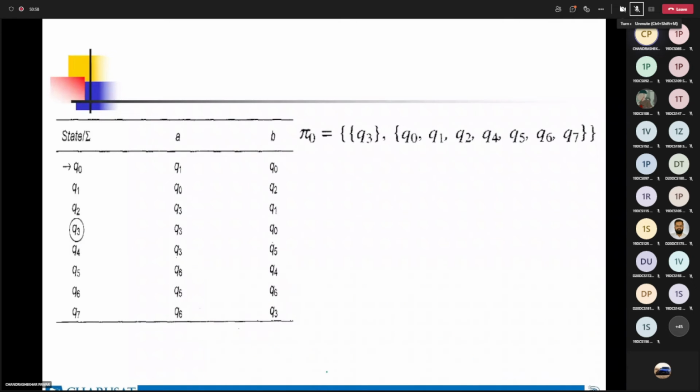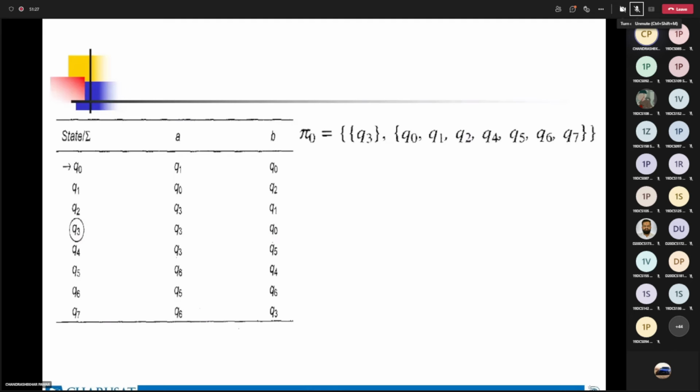Q0 is equivalent with Q1, Q5, Q6. So the remaining states are Q2, Q4, and Q7.